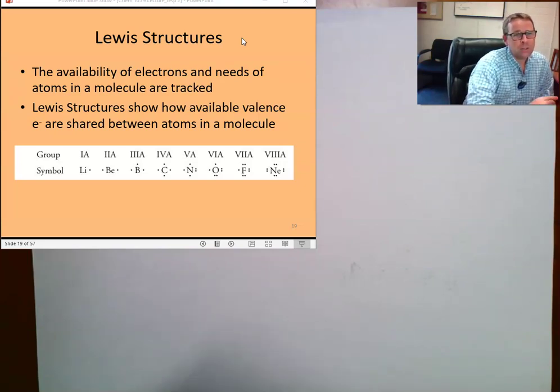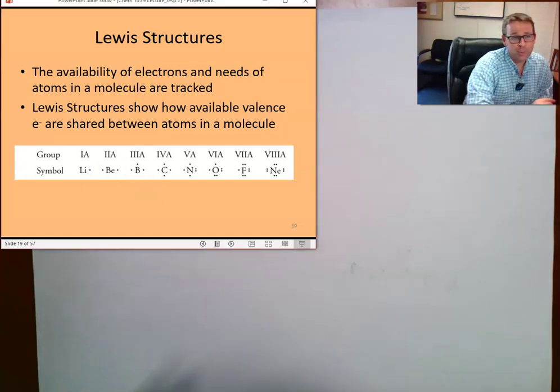All right? So I'm going to teach you how to draw these Lewis structures, and as we talk about how we draw them, we'll begin to recognize their value. Okay? Let's talk initially about the Lewis structure of an atom. The Lewis structure of an atom is just the element itself.